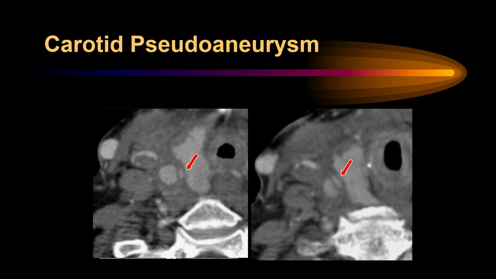Now, don't go looking at ankle films when you've got this thing up on your board. Put everything else aside, get on the phone, get a hold of your colleague in the ED. And if he or she doesn't seem to be really getting it, if you say, your patient has a carotid pseudoaneurysm, and they go, oh, thank you very much, just say, and that means that your patient is at risk for imminent carotid blowout.